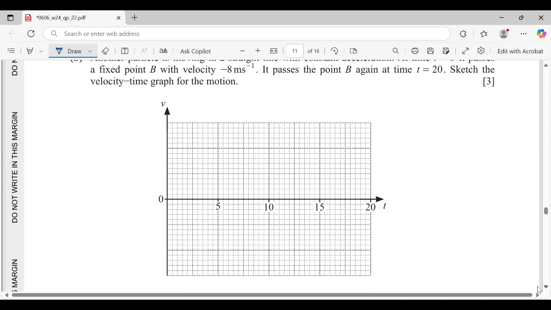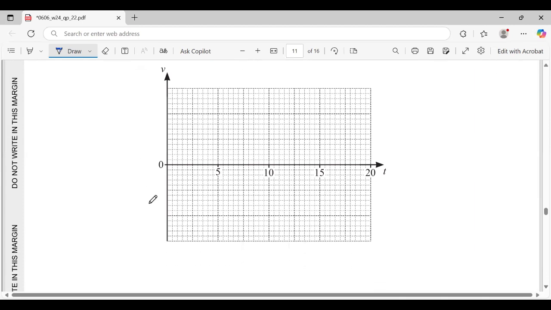So the first is here, 0, and it's around here, minus 8, according to the information, and after that 20, and here it's 8.